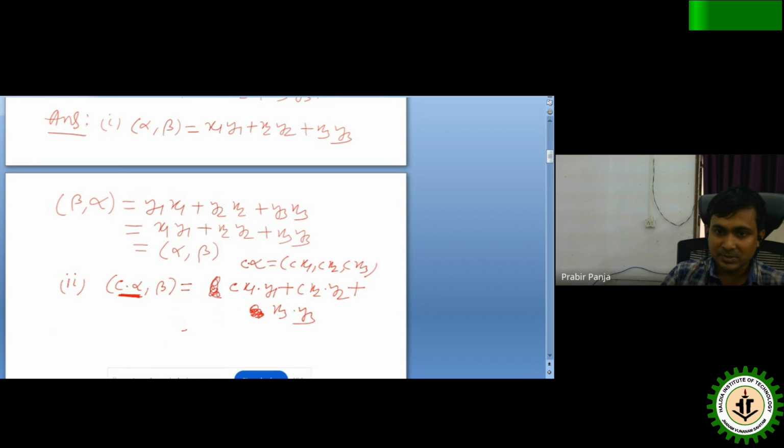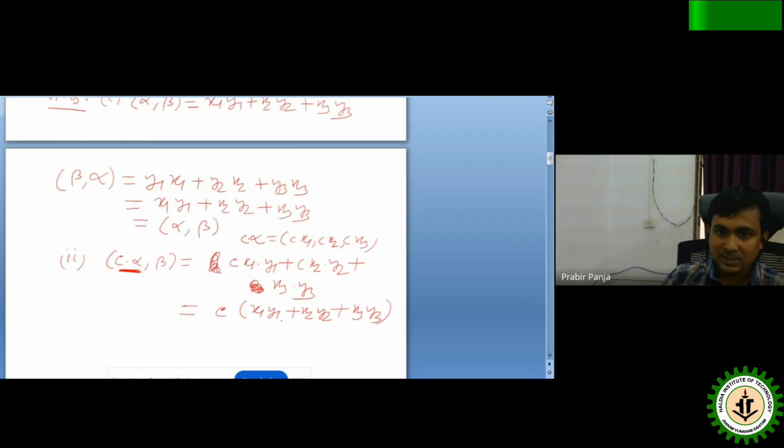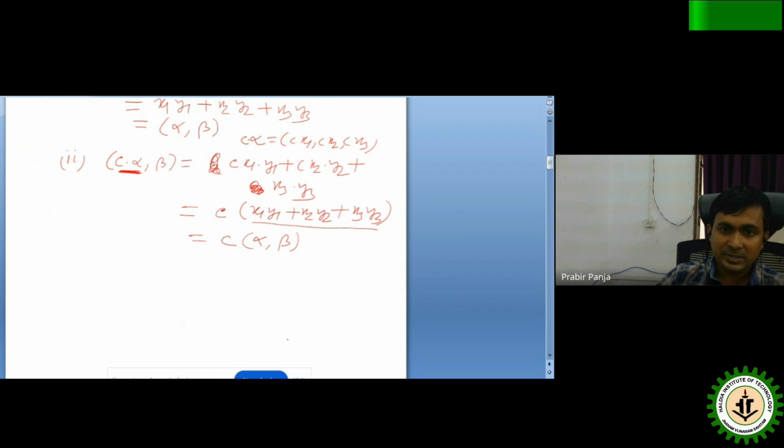If we simplify this relation and take c common, it will be c times x1 y1 plus x2 y2 plus x3 y3. So we can easily write this expression as c into the inner product of alpha, beta. So condition 2 is also satisfied.